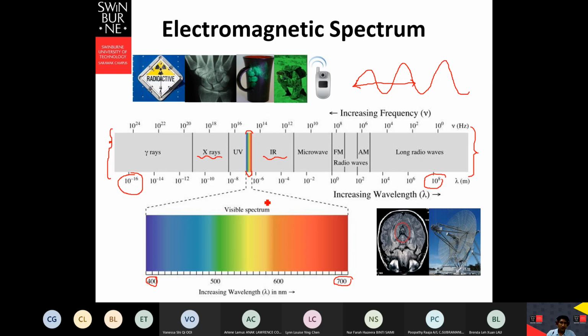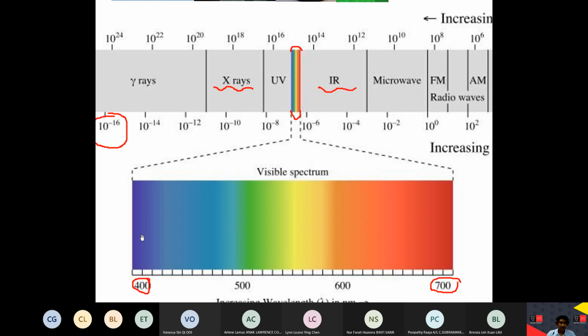But we cannot see those radiations with our eyes because they are beyond our visible range. Our visible range is 400 to 700, and if we divide this visible range further, within this small range we have different colors: green, yellow, red, blue, violet.